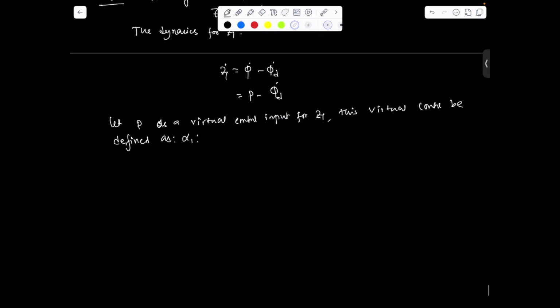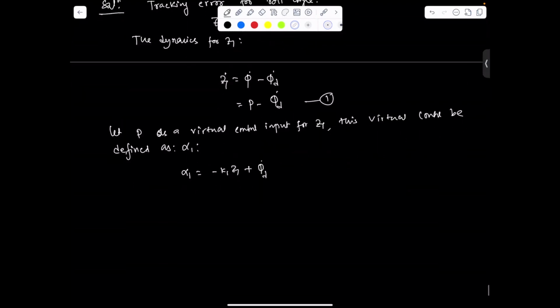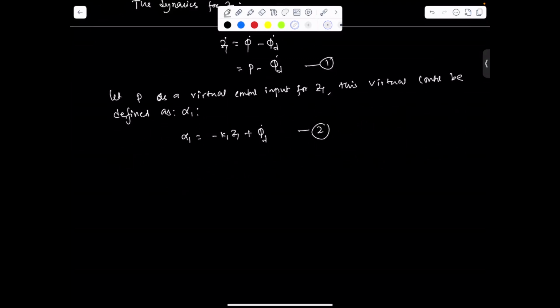Here alpha 1 we can choose as minus k1 z1 plus phi desired dot. Let us define this as equation number 1 and this as 2. The same steps we are following as you have followed in the earlier lecture.